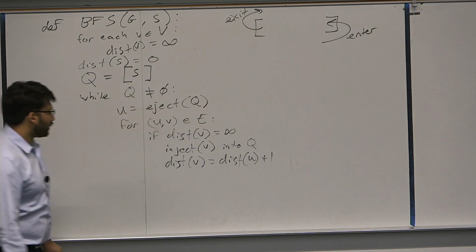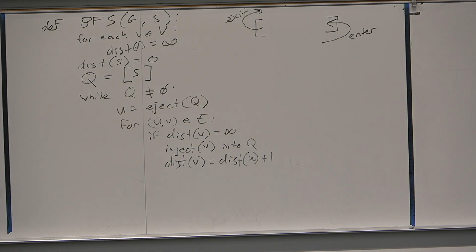Okay. So here's how the computation works. We have a queue, we pop things off the queue, and we look at all the neighbors of the thing that we just popped off the queue, and we push them in the back of the line. We push those children at the end of the queue, right?